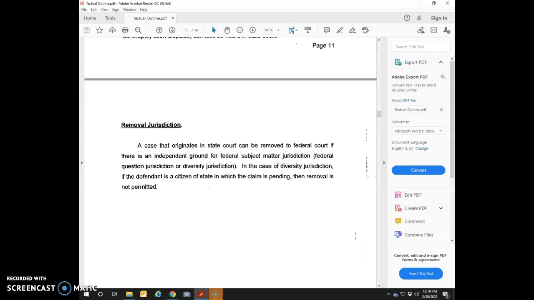But let's just appreciate the fact that we may have a case in state court properly brought there, and the defendant, and of course it's the plaintiff who brings the case there, sometimes will have the choice of removing that case to federal court.